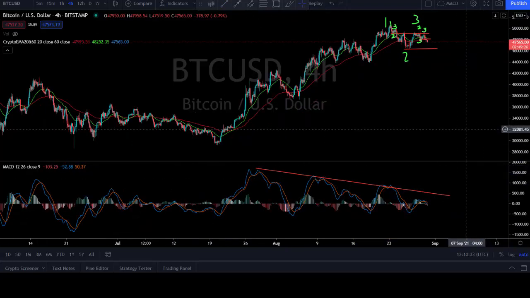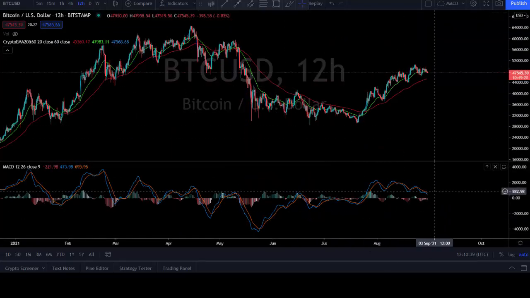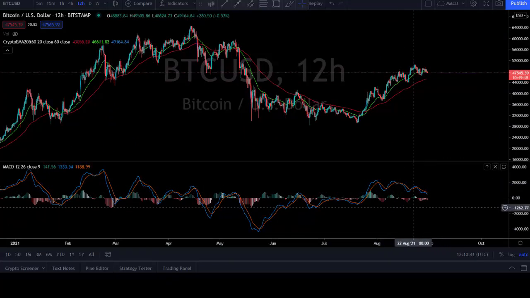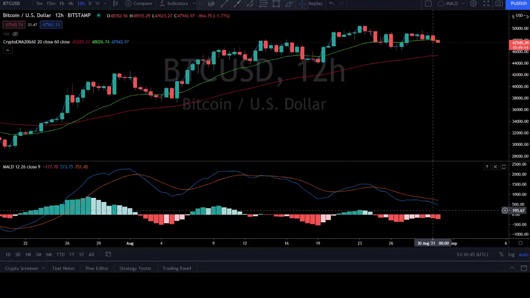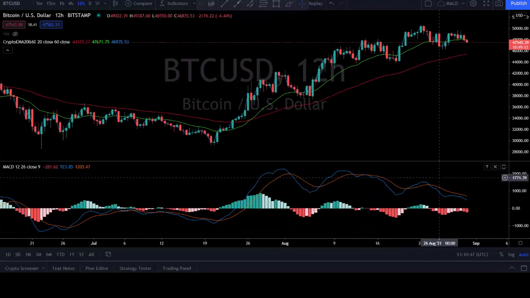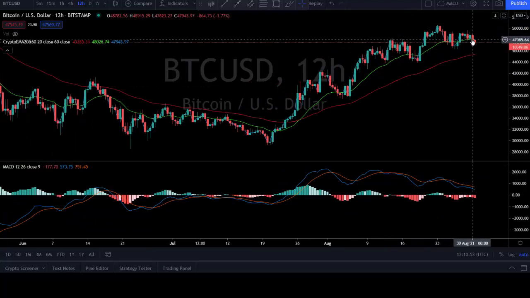But what I want to reflect on right now is going to the 12-hour time frame, and we see that the MACD is crossed negative. We see red histograms here, and red histograms growing, as well as being crossed negative. And this crossed negative on the 24th of August, before the 1, 2, 3 formation was actually fully fleshed out.